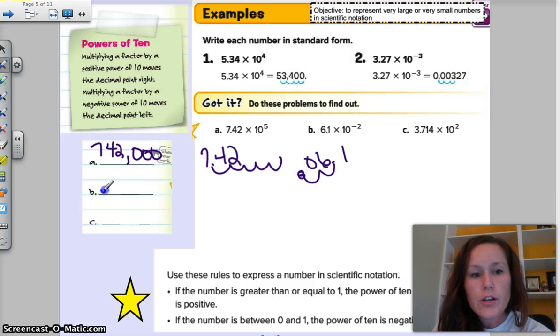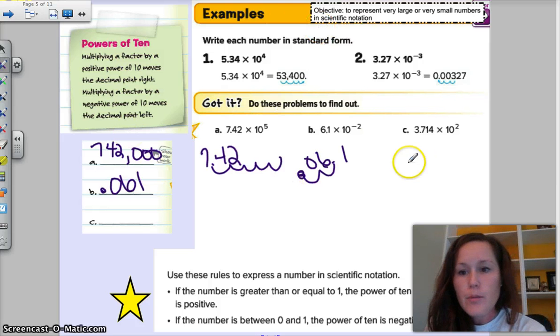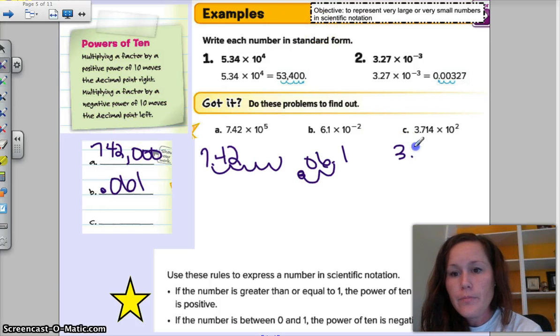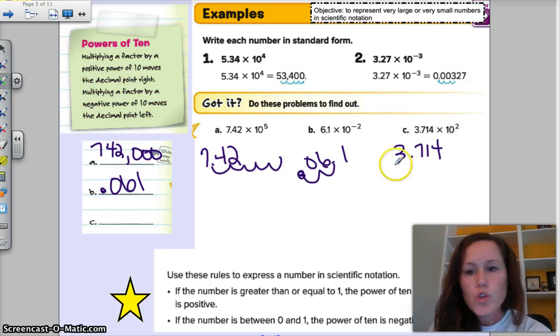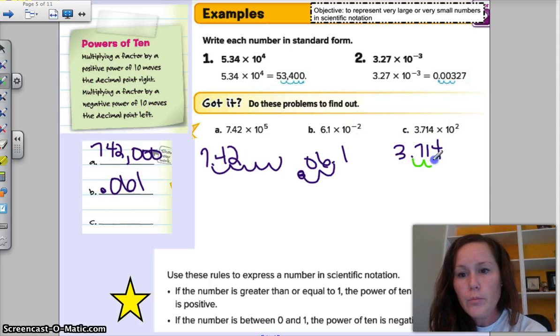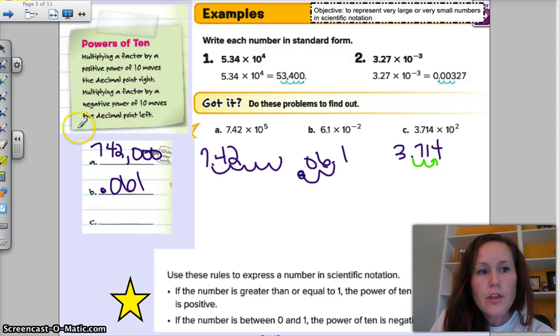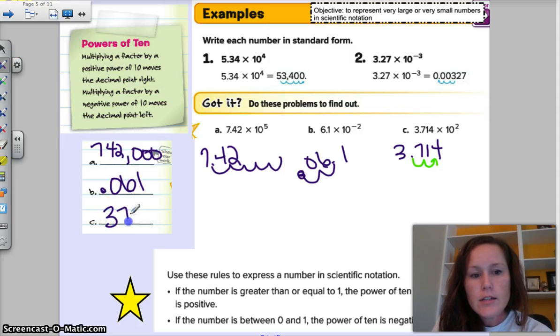Put a 0, I should have 0.061. And number C, 3.714 times 10 squared. I'm going to move that decimal point 2 places to the right, boom, boom. And I'm going to end up with 371.4.